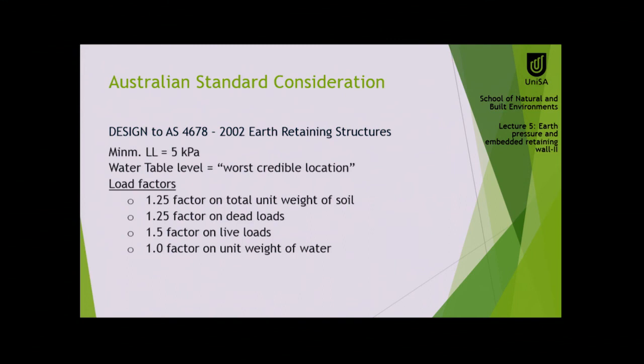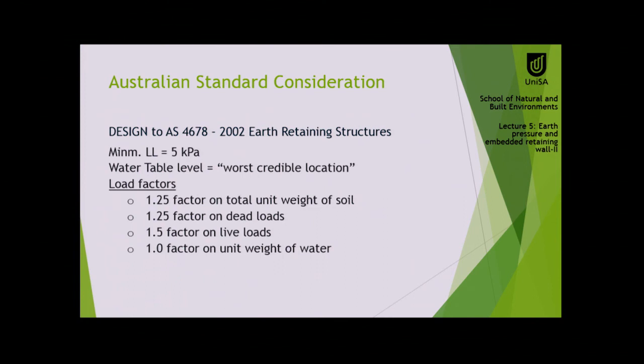But if we are considering a harbor structure with sheet pile, then we must consider the water table and the worst possible case. It not only varies season to season, because in the rainy season it will be higher, but it also varies year by year. It's not necessarily this year you get the higher water table. You should consider several years to find out the worst possible water table.